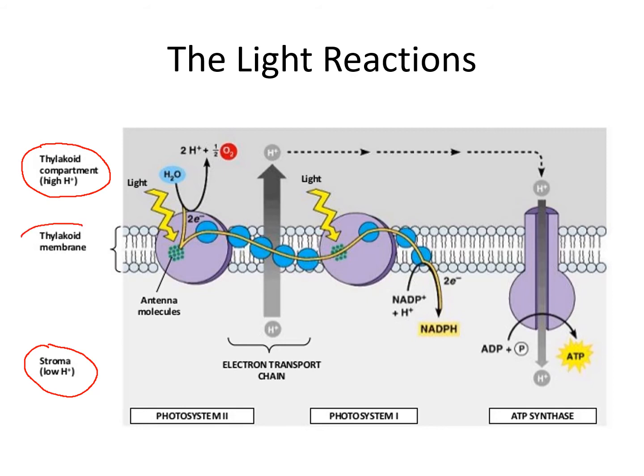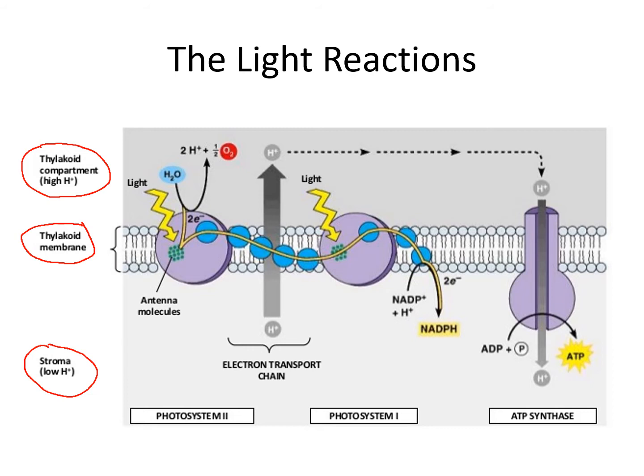Those two are separated from one another by the thylakoid membrane. Embedded in the thylakoid membrane are the components that make up the photosynthetic apparatus, a little bit like the electron transport chain was embedded in the inner membrane of the mitochondrion.